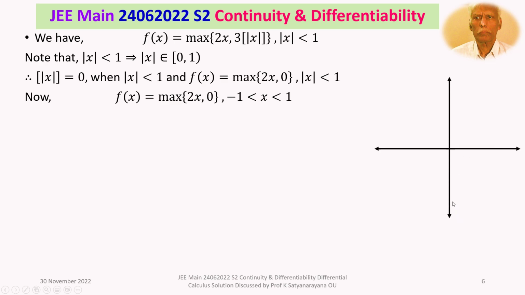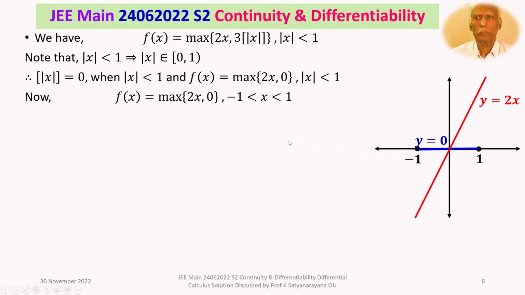We have the x-axis, the y-axis, and x equal to -1 and x equal to +1, so this is the open interval -1 to +1. Now y equal to 0 is in blue, and y equal to 2x is in red.